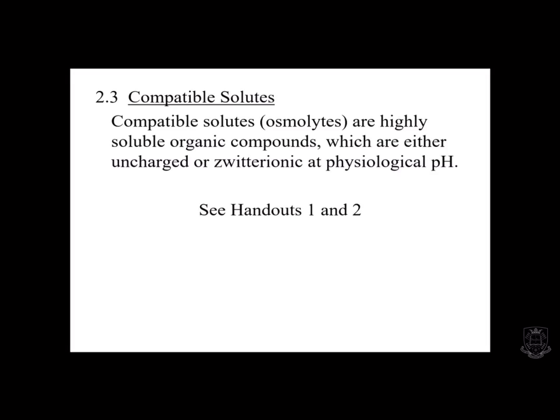The first thing to say is the only ones that I really want you to remember in detail are glycerol, glycine betaine, and ectoine, hydroxyectoine. So numbers 1, 2, and 3 are the key ones that I'm really going to concentrate on. And these are the ones that I'd expect you could actually show the formula for. Glycerol, as we'll see, is one very commonly found in cyanobacteria.